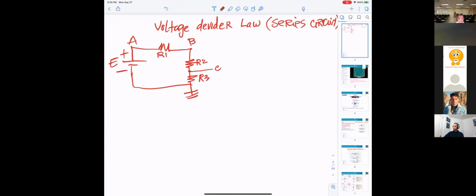Okay, I'll just review. If you want the total resistance, then you get total R equals R1 plus R2 plus R3. More resistors in series, keep adding them up.